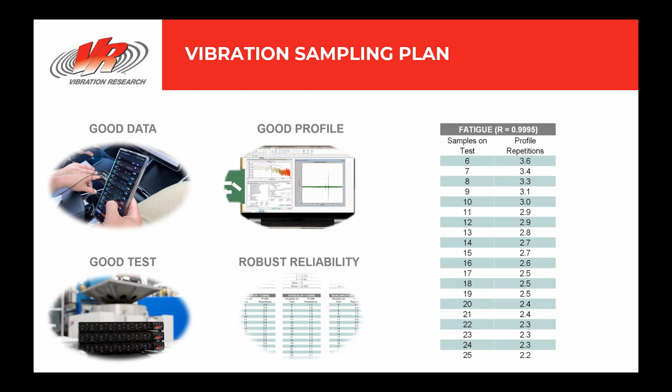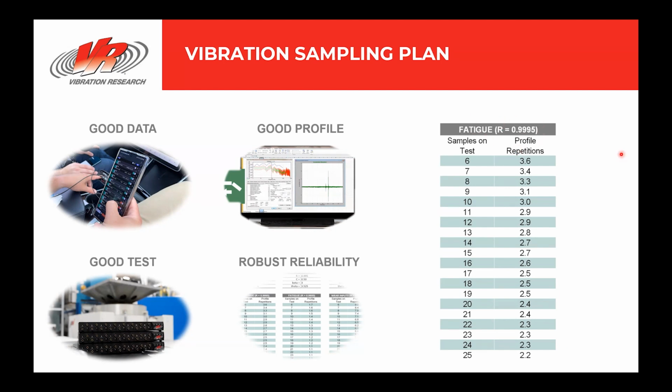Finally, a sampling plan based on DFMEA, that's Design Failure Mode Effects Analysis, results that identify the principal vibration-induced failure modes can be used to develop an appropriate sampling plan, such as the one shown for fatigue, R99.95 in this case, C50, which stands for 99.95% reliability with 50% confidence.